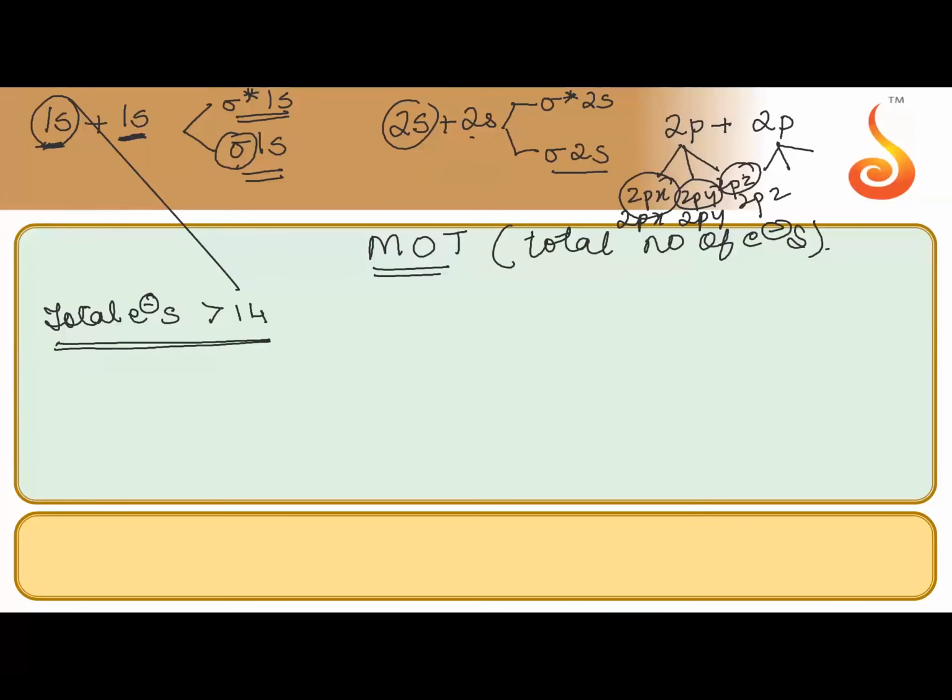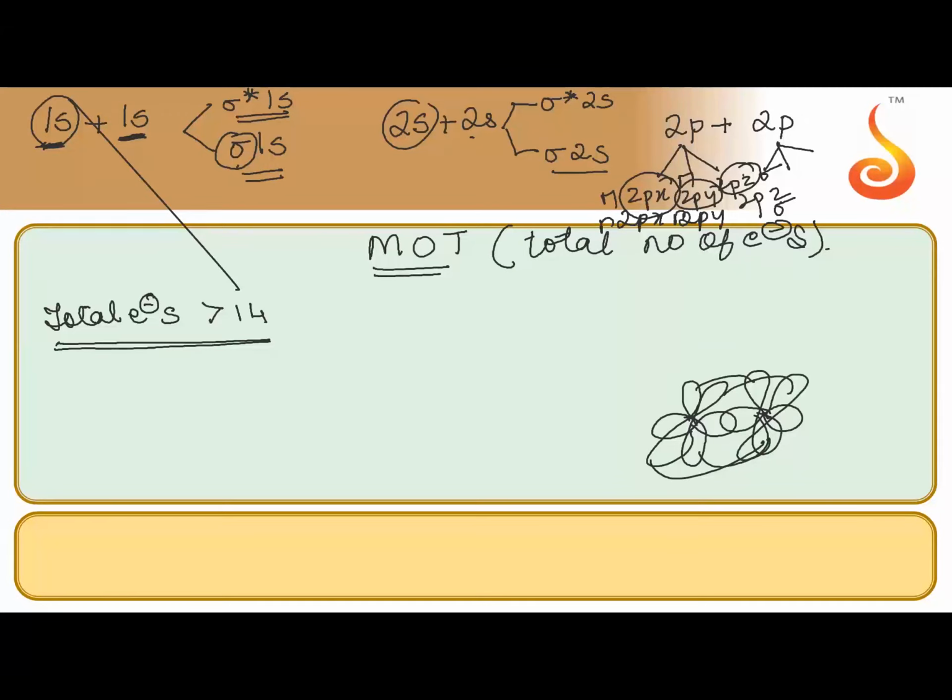So when z and z overlap, it is a sigma bond formation, whereas x and y will be pi bond formation, lateral overlap. So z and z will form sigma 2pz and sigma star 2pz, but 2px and 2py will form pi and pi.